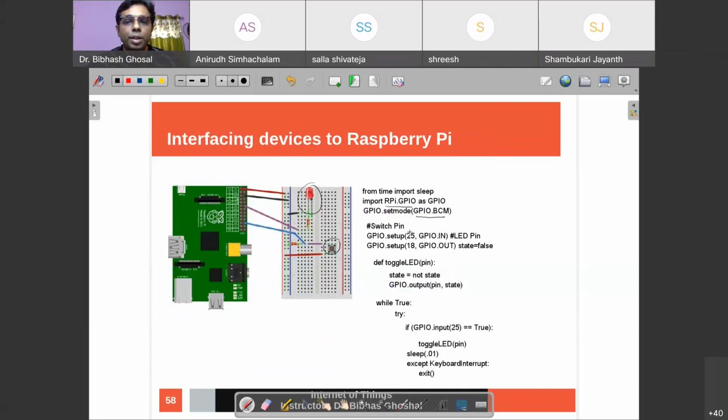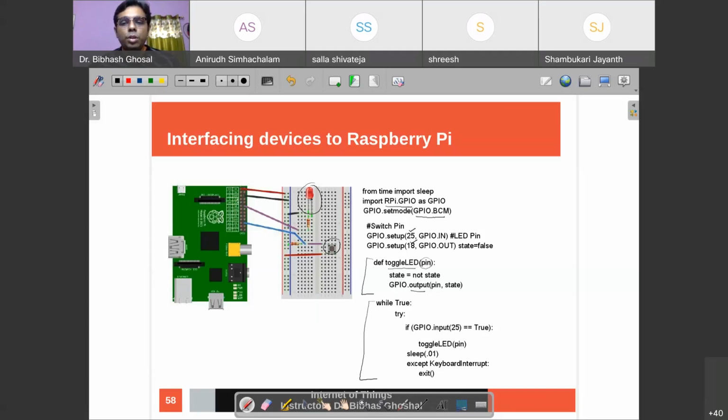I can directly use the setup where I'm mentioning that pin 25 and pin 18 will be treated as input and output. And then I'm using a function where I'm saying that I will be treating the pin as an input, and toggle. When I use this function toggle, it will read the state, convert it to its complement and send it at the output. This is what the toggle function will do.